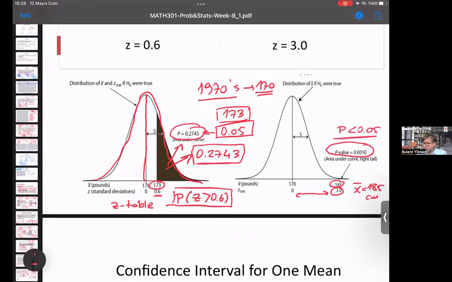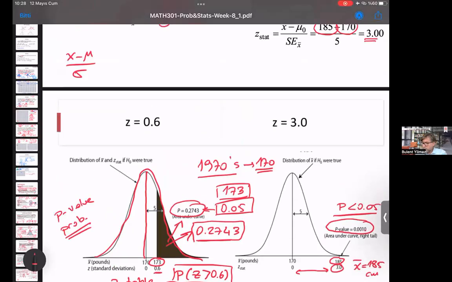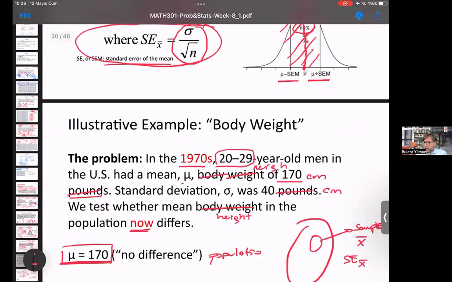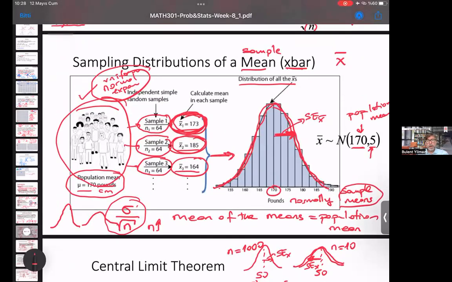This p-value, we will call this p-value a lot. This is the probability. We will use these kinds of things very often. So what did I tell you guys? I have a population, and I can take samples, and I can infer about these samples.